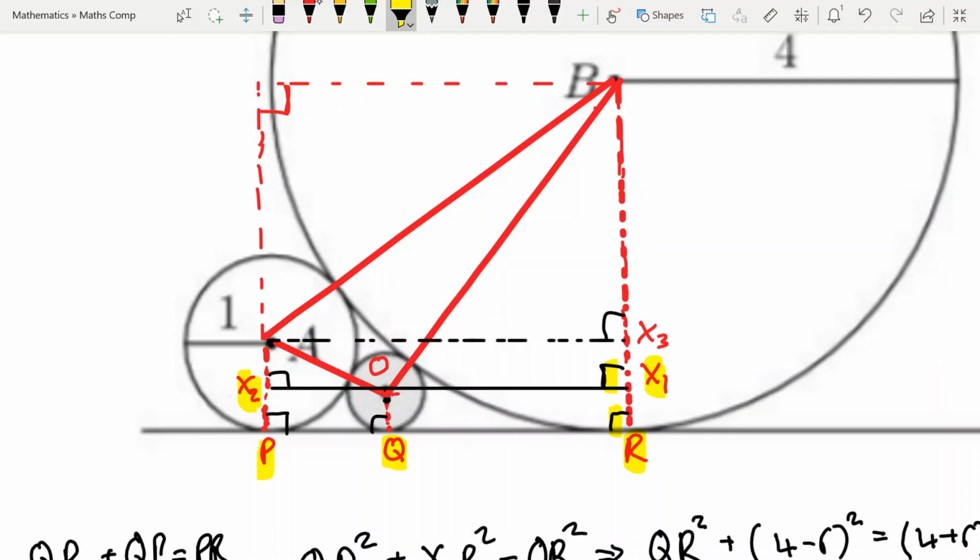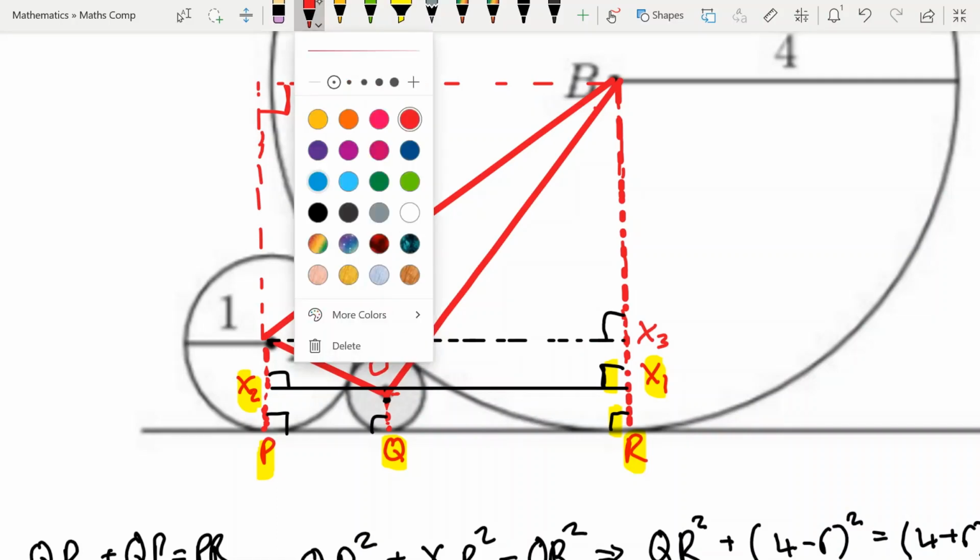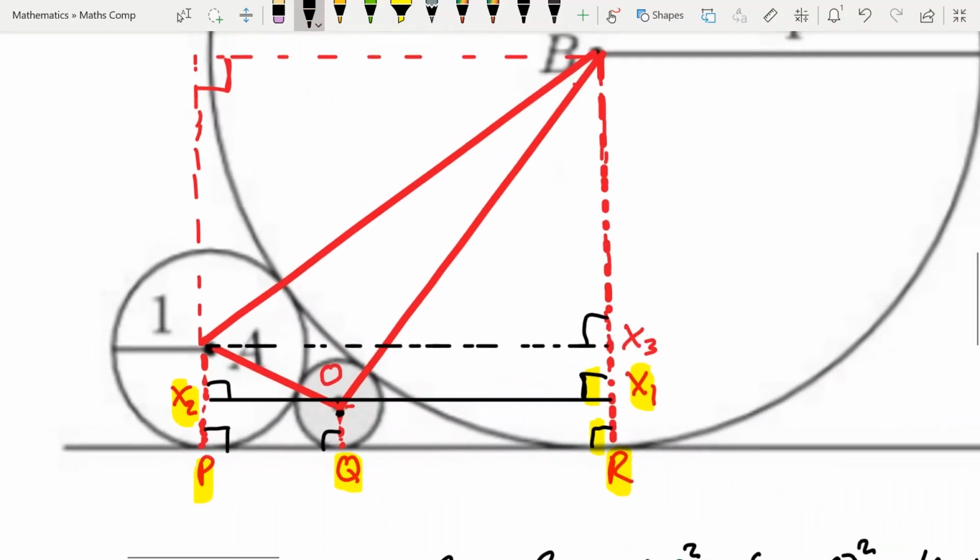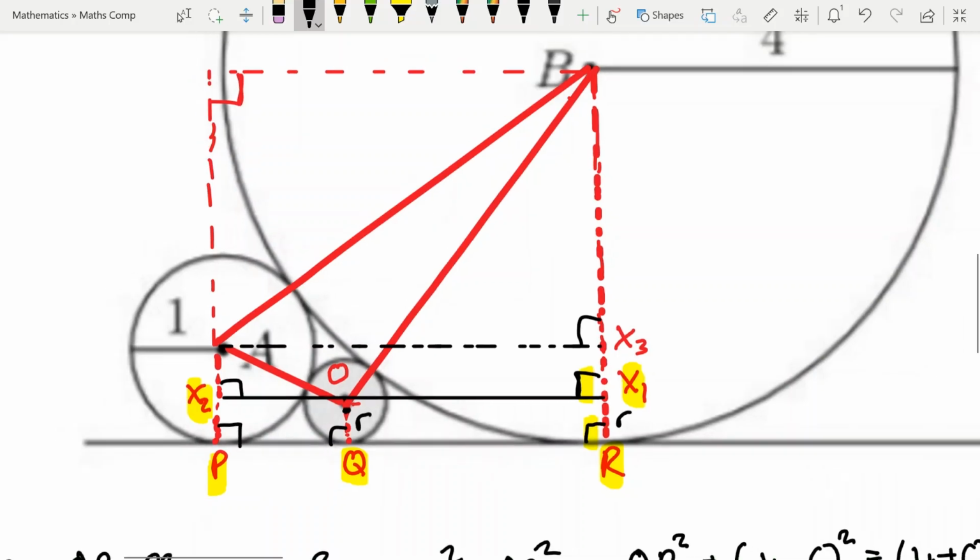These are the intersections of two lines, and these points will also have a right angle. Now we can do some maths. If we call the radius of the small circle R, then because these lines are parallel, this will also be R here.